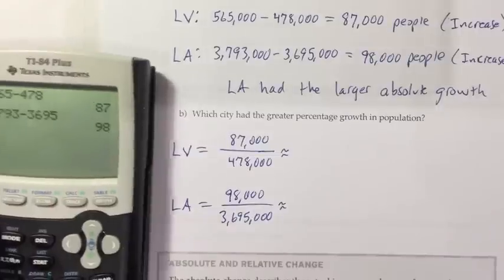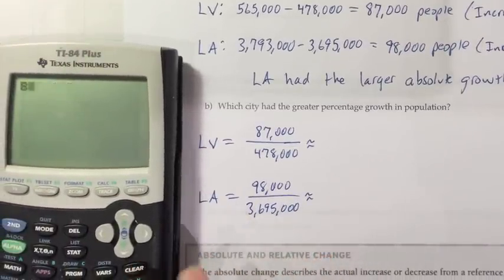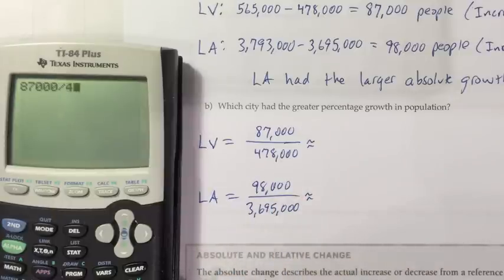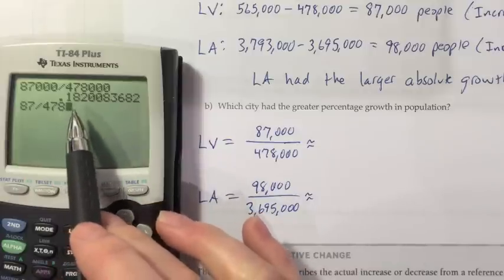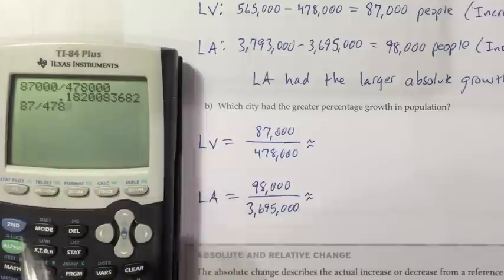So let's slide this over and look at that work on the calculator. 87,000. And I'm going to show you something real quick. You can put the zeros, or you can skip the zeros as long as it's the same number of zeros. The three zeros on top and bottom is like multiplying top and bottom by 1,000, which wouldn't change the decimal.